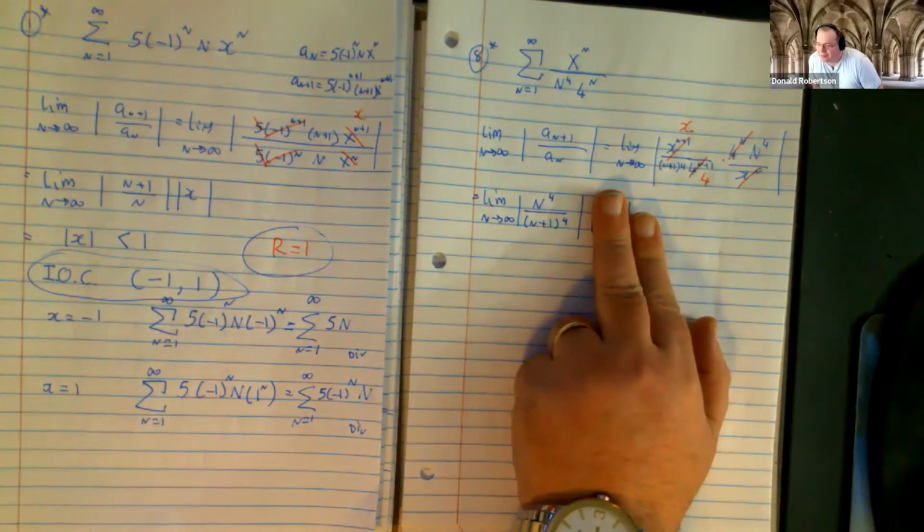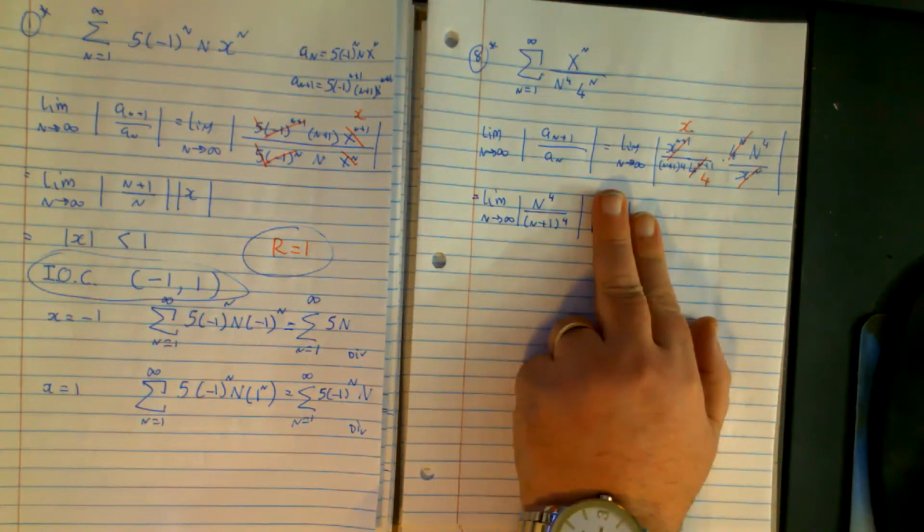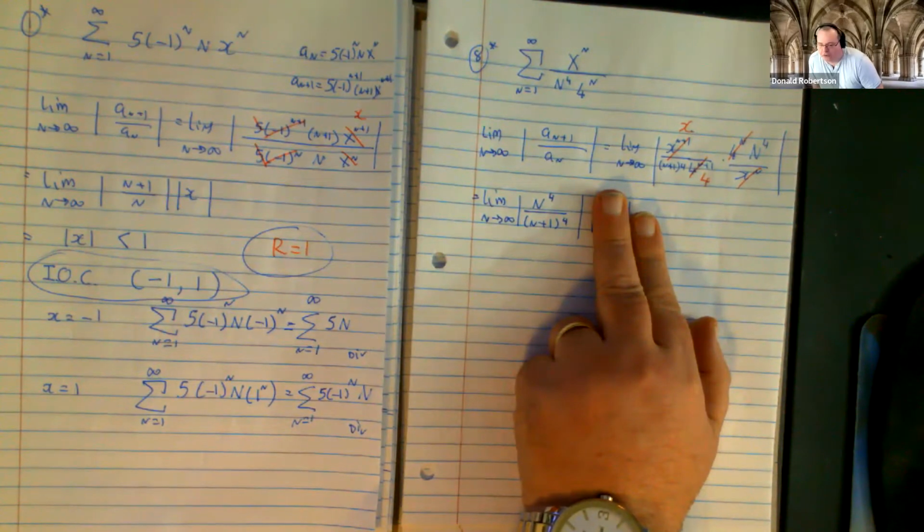Because it is 1, you're right. Well, if you FOIL it out, it will have an n to the 4, if you divide n to the 4 on both top and bottom and take the limit to infinity, it will result in 1. You nailed it, yeah. Or just do L'Hopital lots of times.